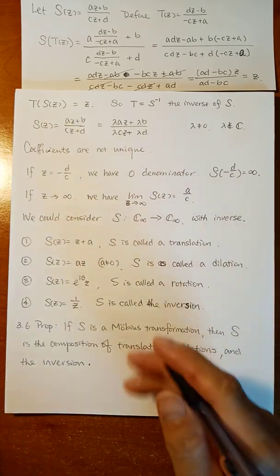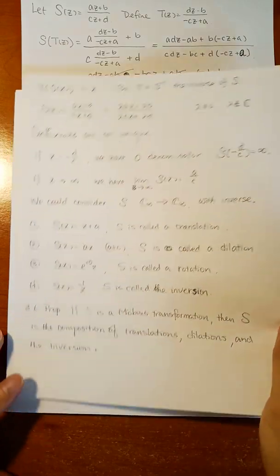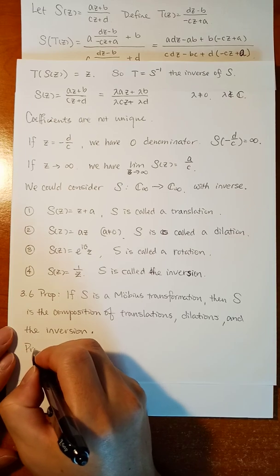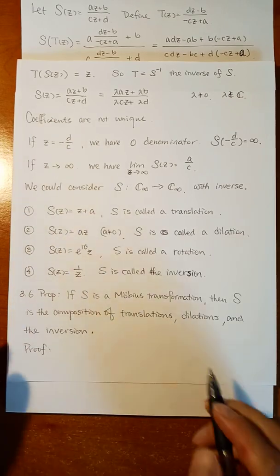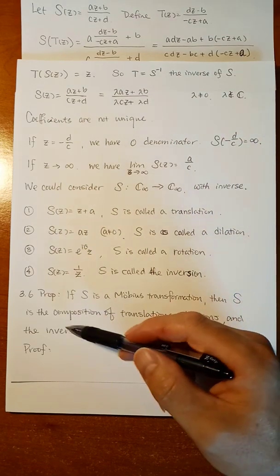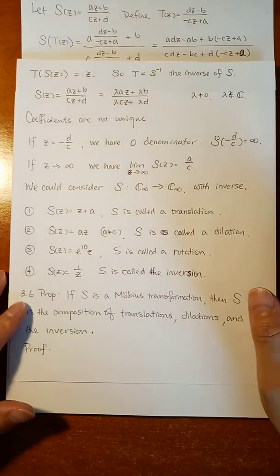Of course, you may have just one or several. Now let's see the proof. This proposition just says that if you understand translations, dilations, and inversions, and if you understand the composition, then you understand everything.